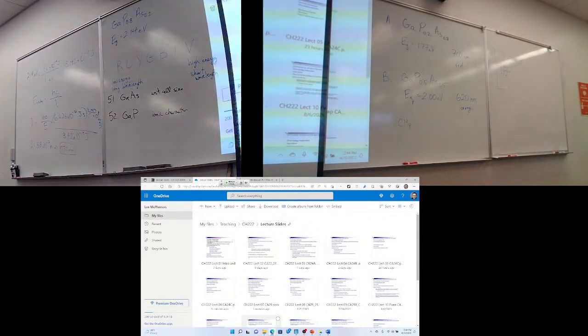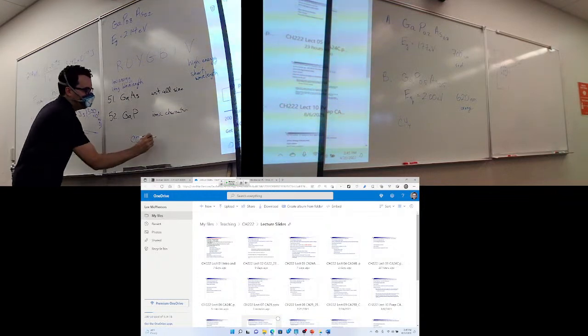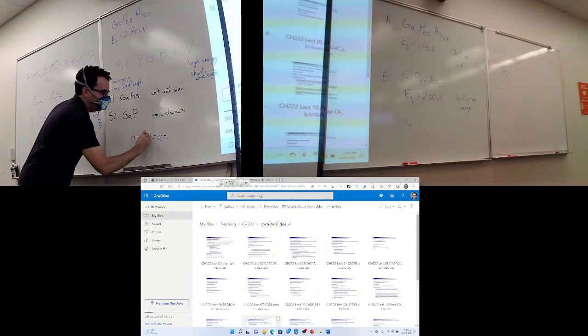Okay, so these are different kinds of solids, first of all. If your solid is molecular, meaning it is made up of small molecules, for instance, you can have a solid made out of CO2.